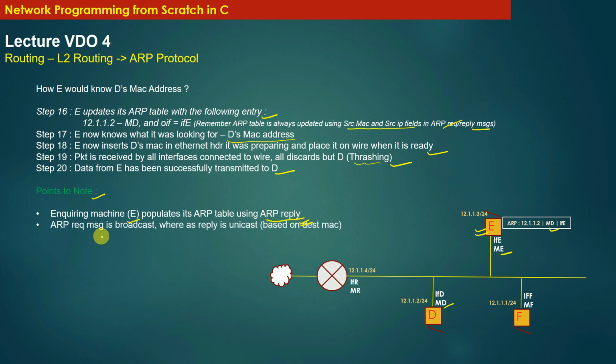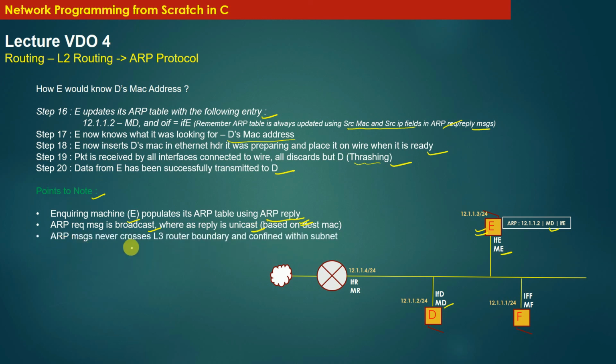ARP request message is a broadcast message. Why? Because the destination MAC address in the Ethernet header is the broadcast address, whereas the ARP reply message is a unicast message. Why? Because the destination MAC address in the Ethernet header of the ARP reply message is the MAC address of the broadcast request generator.